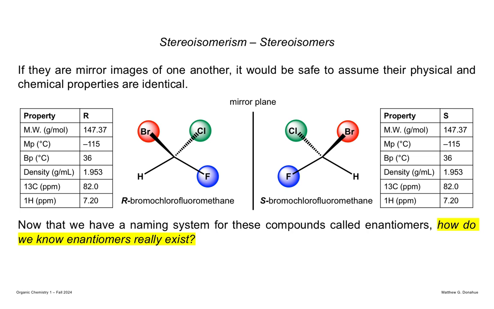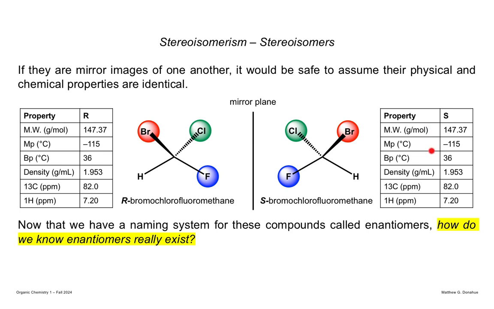So the question really is, if they're mirror images, so look at the property, then there's the R stereoisomer property, and then the S stereoisomer. The molecular weight is the same because they have the same molecular formula.